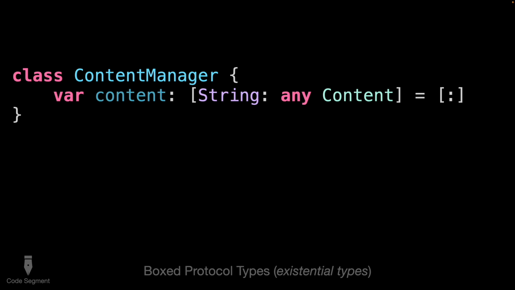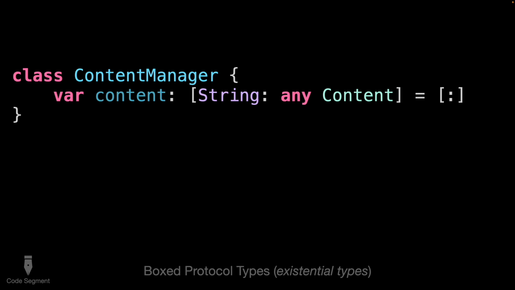That is not currently required by the compiler, but it is considered best practice. The any keyword indicates that this is a boxed protocol type. Essentially, what it's saying is anything that implements Content is allowed here. Anything that adopts and conforms to Content, any type, can be used here.